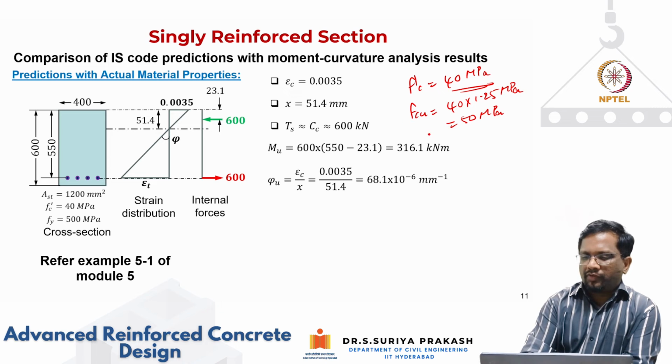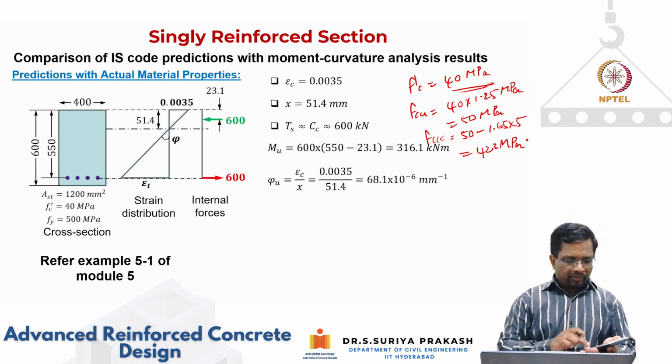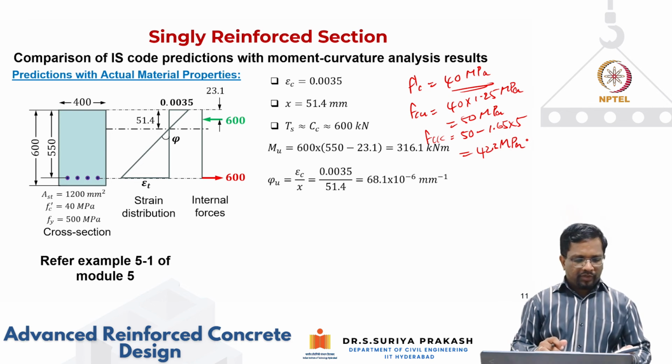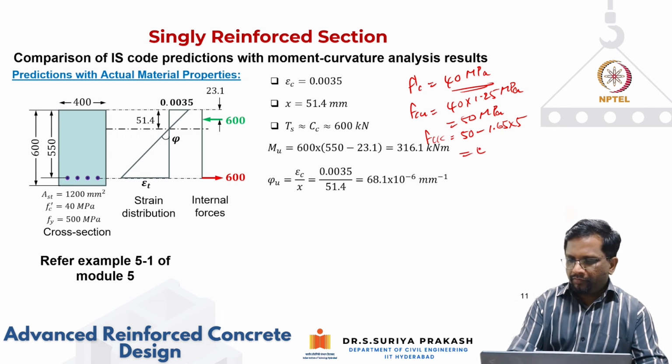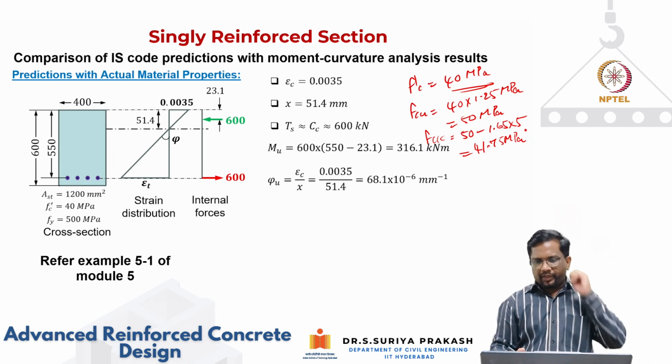Now for this cube strength, what is characteristic strength? 50 minus 1.65 times 5, that works out to be 41.7 megapascal.